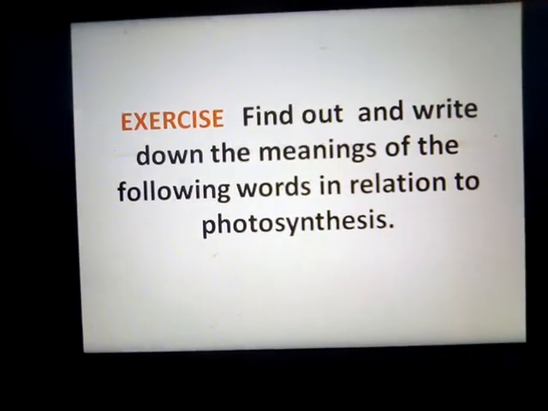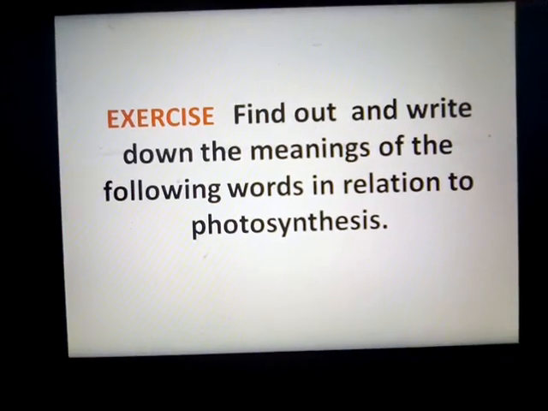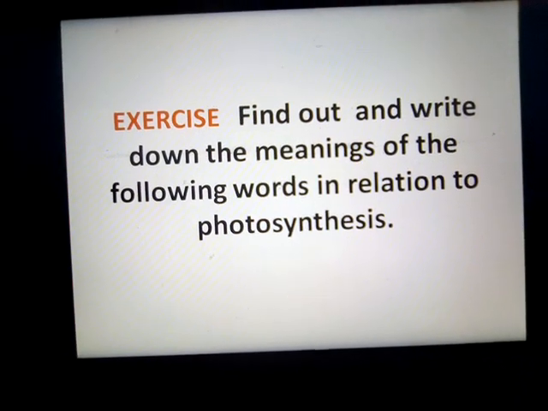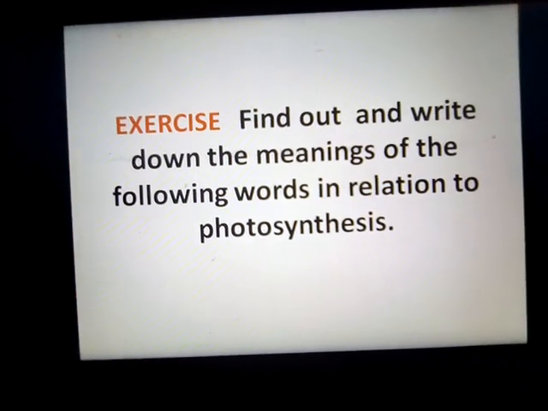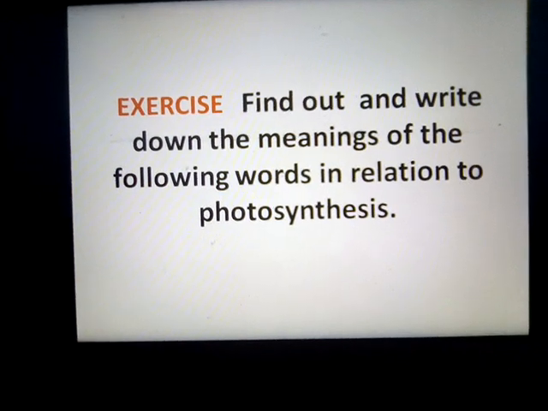Exercise. Find out and write down the meanings of the following words in relation to photosynthesis.